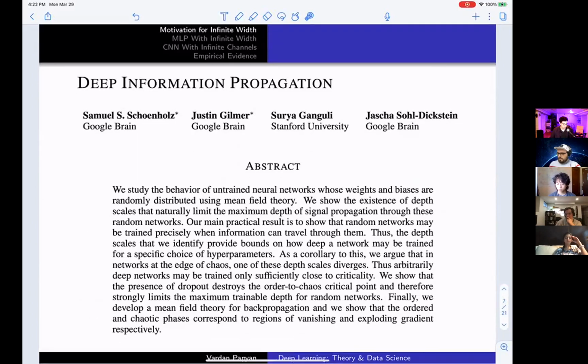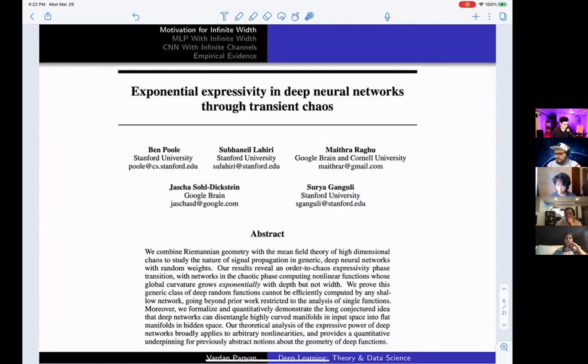And later on, they had other follow-up papers that again looked at different properties of infinite width networks. Usually these specific researchers, when they say mean field theory of high dimensional chaos, basically that means that they're studying infinite width networks.